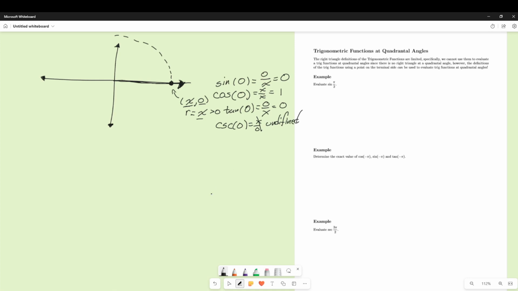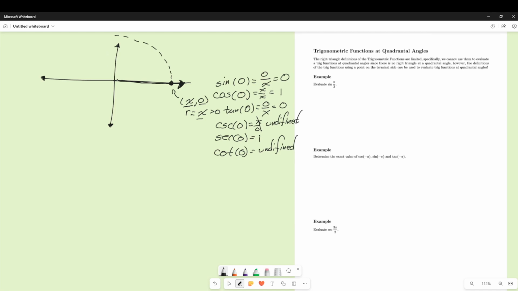So yeah, our trig functions are going to be undefined sometimes. Our secant, well, the reciprocal of 1 is still 1, but our cotangent, the reciprocal of 0, goes back to being undefined again. So weird things happen when we get out on these axes, and we'll see how this affects the graphs as we go along.